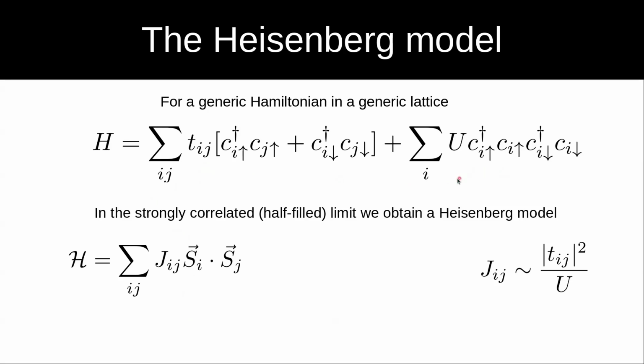You take the limit where U is much, much bigger than T. In that limit, you have only one electron per site at most. And then you apply second order perturbation theory to every single pair of sites. For every single pair of sites, you are going to have a term that is the absolute value of T_ij to the second power over U. And this is going to define the exchange coupling that you have in your effective spin model. So in the strongly interacting limit, a Hubbard model at half filling maps to a Heisenberg model for spin 1/2.